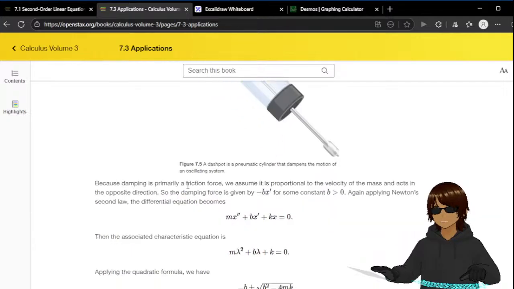Because the damping is primarily a friction force, we assume it is proportional to the velocity of the mass and acts in the opposite direction. So the damping force is given by minus b times the derivative of x.